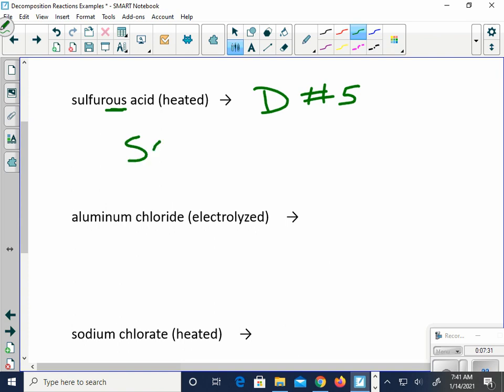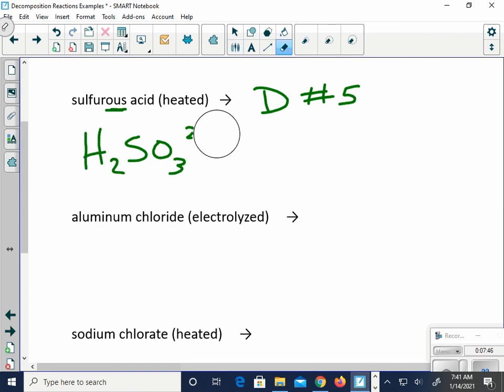Sulfite is SO3 2 minus. So how many H's do I need, Ashton? 2. So I'm going to have H2, and I'm going to get that charge out of there, H2SO3. It's going to be heated, so I put my triangle above.